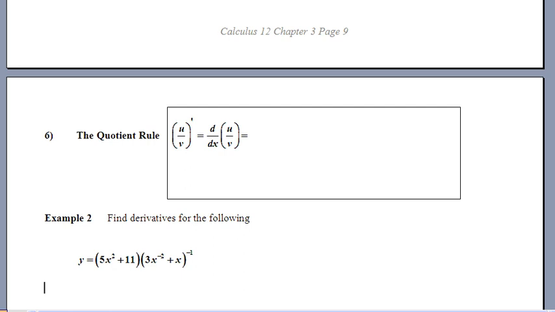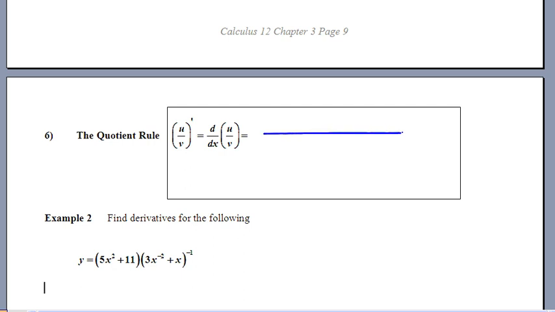Now let's look at the rule for division. And if the rule for multiplication was a bit ugly, well, this is really ugly. When you've got some algebra divided by some algebra, the way that you can find the derivative without using limits looks like this.